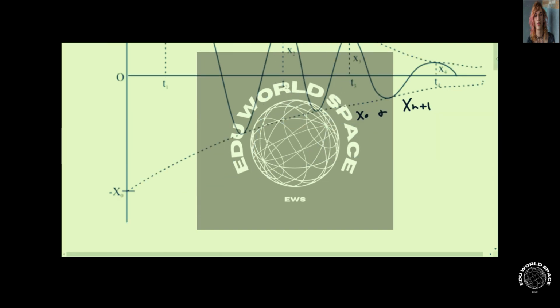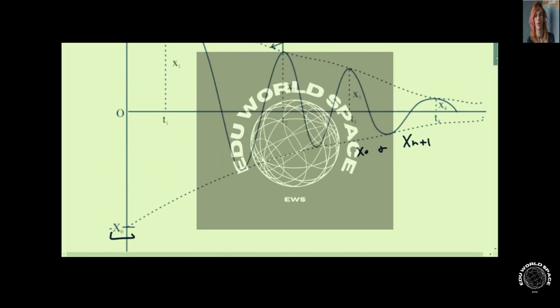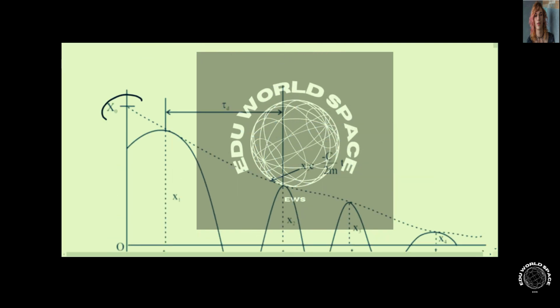So here we're trying to prove what they gave us, and we're also trying to find the xn and xn plus 1. So from this, we have x naught here.